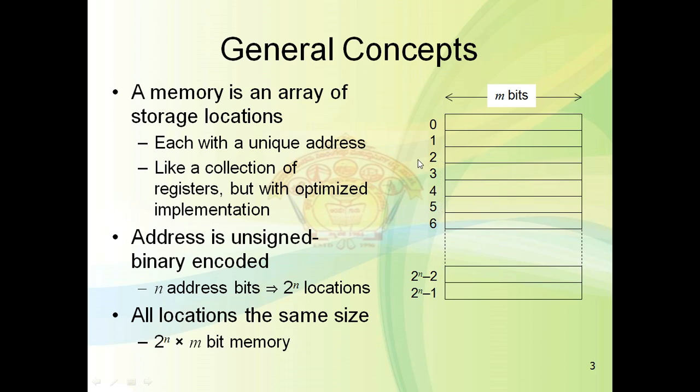Each memory location has m bits, so each memory location stores m bits. For n address lines, the total locations are 2 raised to n, so the total memory size will be 2 raised to n into m bits. That is the size of the memory.